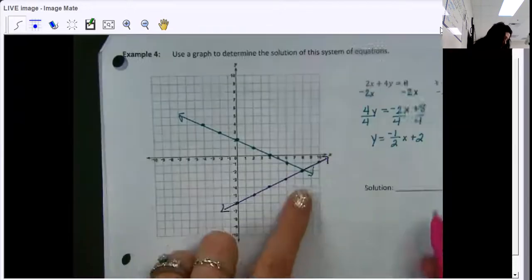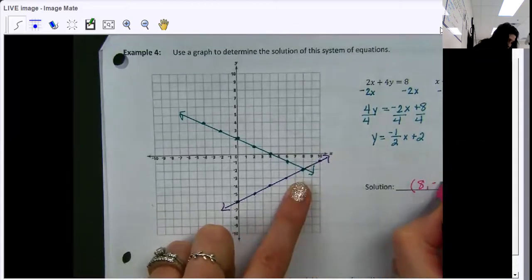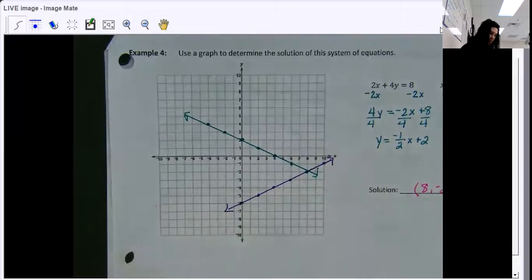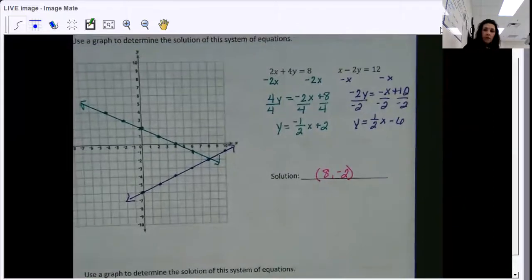Right, so the solution to this one is 8, -2. Hopefully you were able to see all that. Sometimes I get out of my screen.